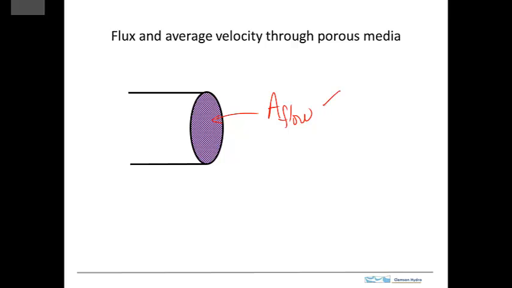And that will be less than the total area of the pipe, because in this case, the sand fills some of the pipe. But what we see here is that the flux, in this case, will be less than the velocity through this sand-filled pipe, for the very same reason that the flux was less than the average velocity on the previous slide, because the flow is only going through a fraction of the total area. It's not going through the entire area.